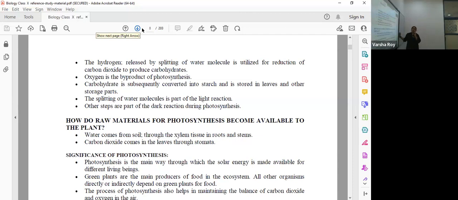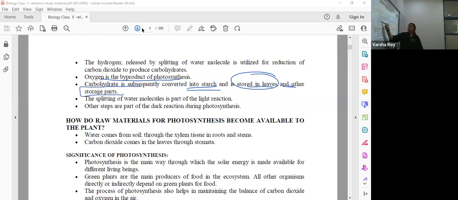So ये एक question आ सकता है. Which one is a byproduct of photosynthesis? Oxygen is a byproduct. Carbohydrate is subsequently converted into starch, and it is stored in the leaves and other storage parts. Stored in the storage parts only, especially like roots or shaded areas.